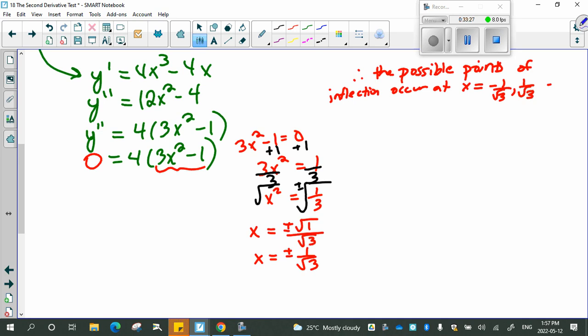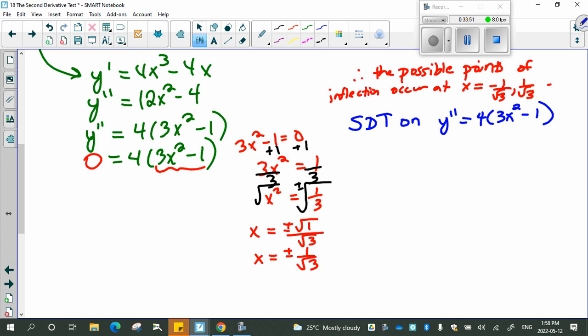So now I want to do my second derivative test on y double prime equals 4 times 3x squared minus 1. Okay? So with 2 possible points of inflection, I'm going to have 3 intervals, right?